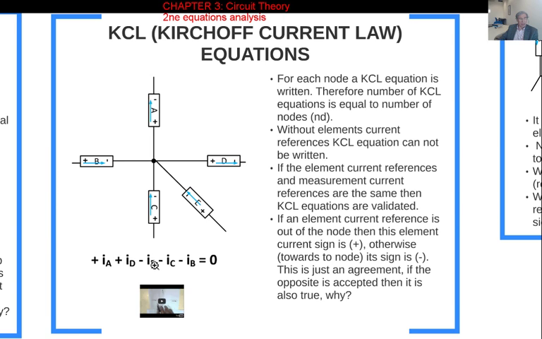We have to make a rule saying that if an element current is out of the node, for example D is out of the node, and A element current is also out of the node, the signs of these are going to be plus, A and D plus. If the element currents are towards the node, then the current sign is going to be negative, negative, negative, negative.